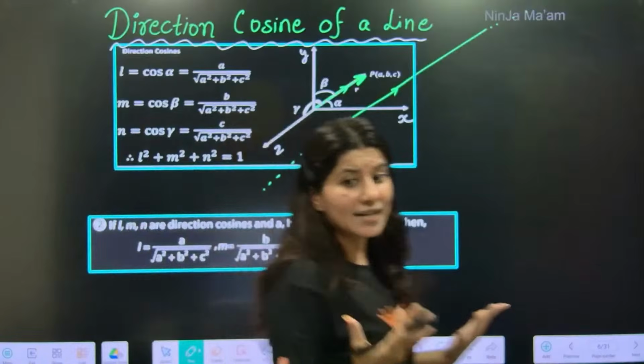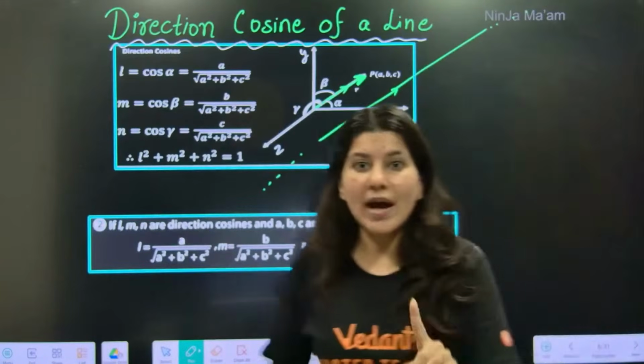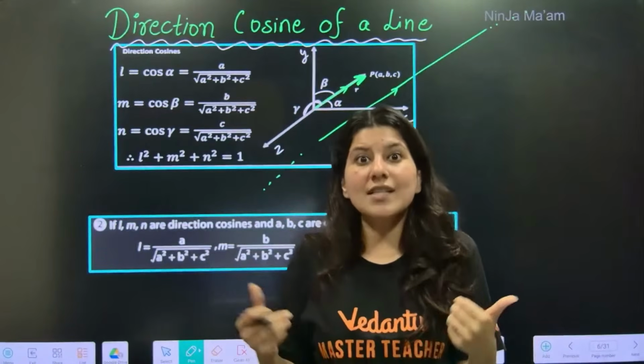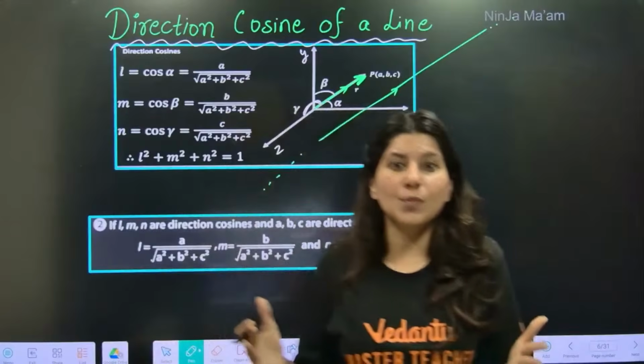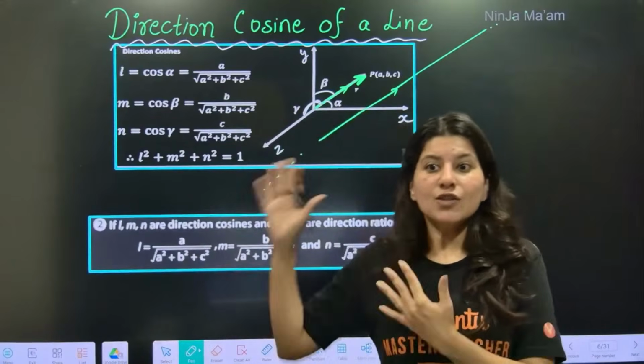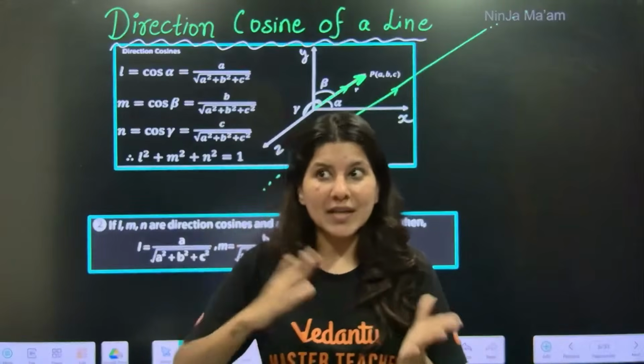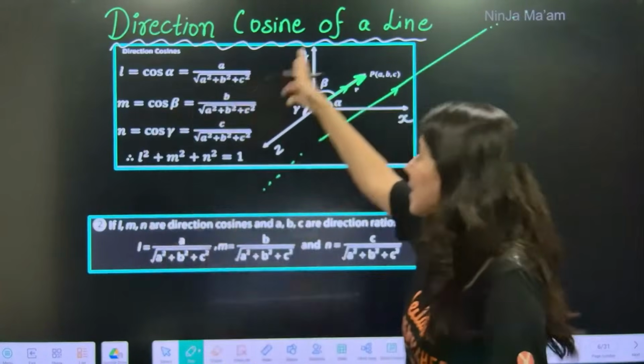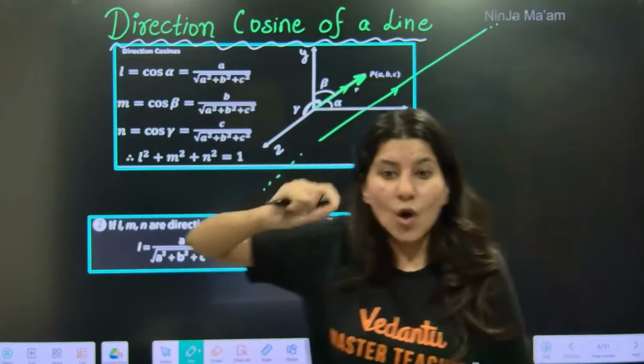Now what are the direction cosines? In straight lines, 2D geometry, you know there is a concept of slope, which means inclination. Here, a similar concept, direction cosine, is there. From the name, it is clear that cos theta is involved.